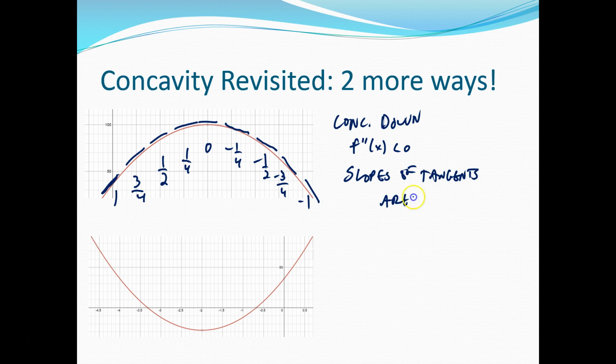And this is a place that people sometimes get into trouble. We're going to have a warning slide at the end of this whole presentation today, but people say things like the derivative is increasing or the derivative is decreasing. You have to be really careful about language like that, because in this case, yes, the first derivative is decreasing, and that shows that it's concave down.